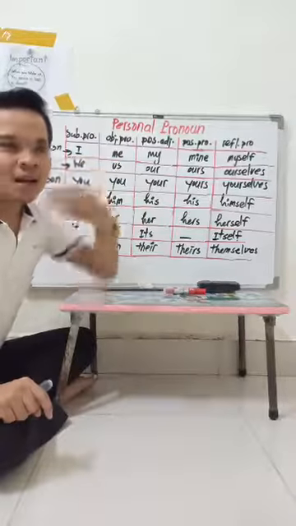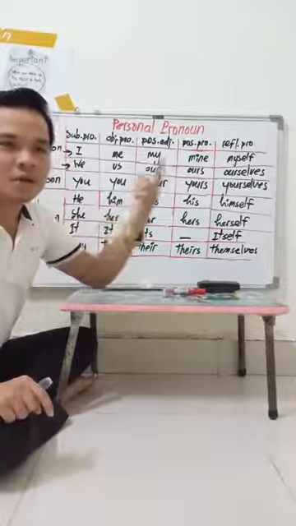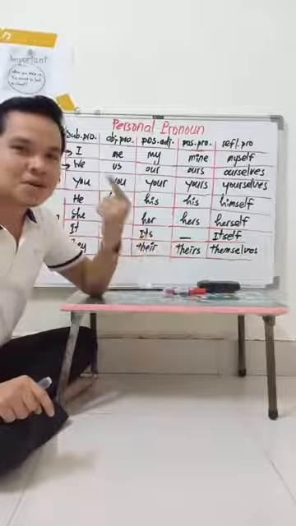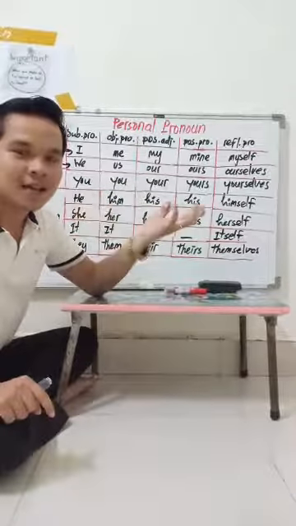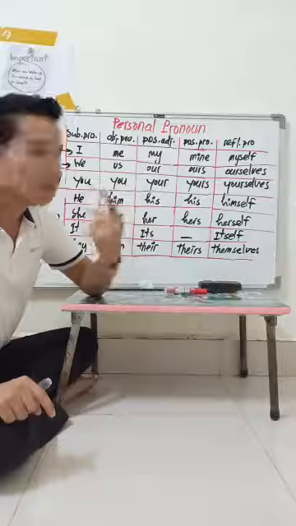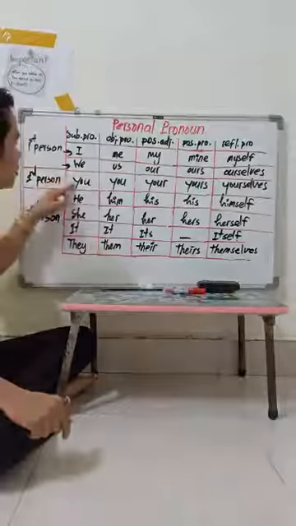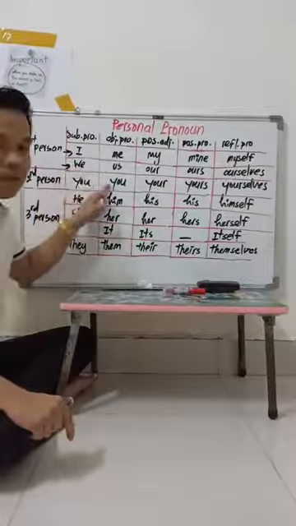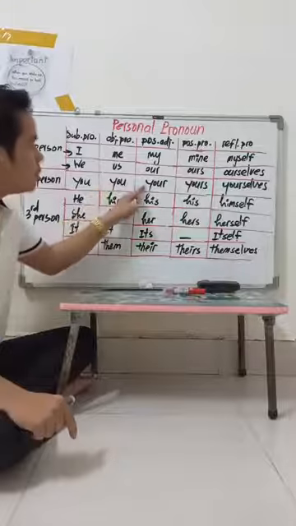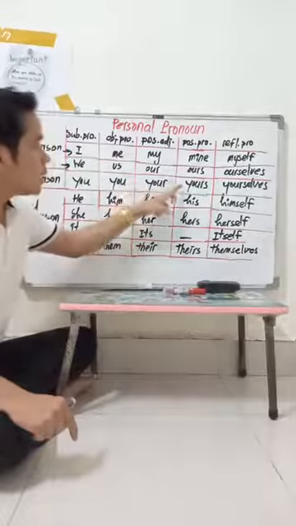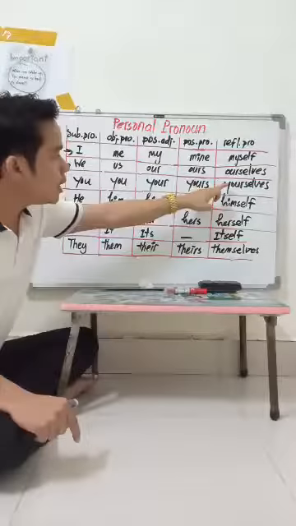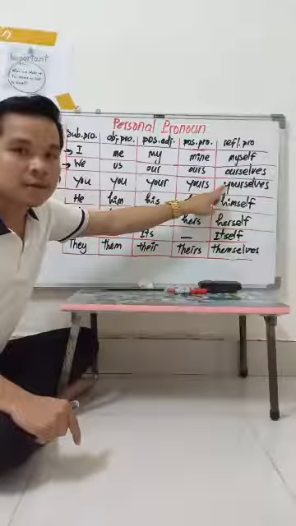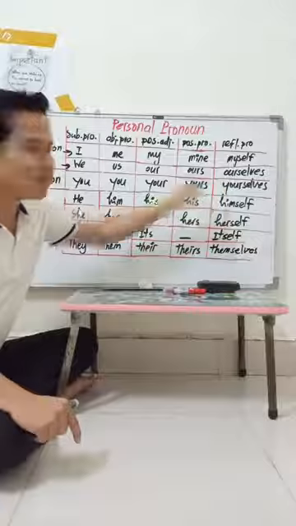And when we meet a lot of people, starting from two persons, we also say how are you, the same. Not different, not adding anything. You for subject, you for object, your for possessive adjective, yours for possessive pronoun, and yourself for reflexive pronoun. Okay.